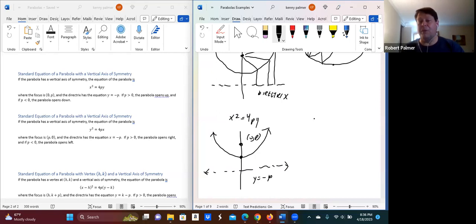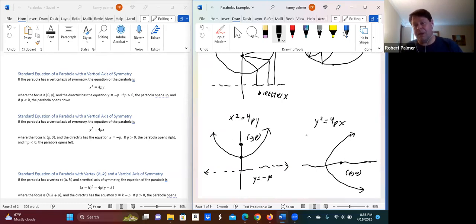Now we can also have a parabola tilted on its side, and there we essentially replace the x and y's. So y squared equals 4px, and that looks like this. Once again, we have a central axis. Here's our parabola. Here our focus is p, 0, and our directrix is a vertical line with the equation x equals -p.